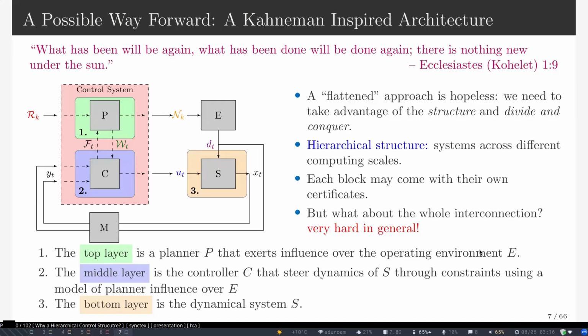So we can think of this as a multi-layer type system as well. I have a top layer, which I call P, surprisingly for planner, that exerts influence over the operating environment and couples with the controller, the lower level system. And then all of these things interact with the lowest level of the system, which is the dynamical system.